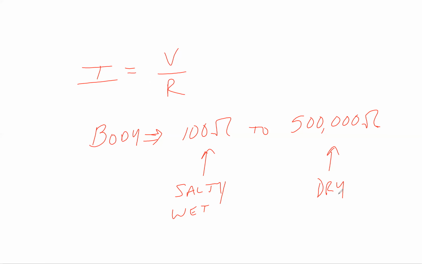So let's take a look at some values. If your current in amps is 0.001, you're going to barely feel that. If your current goes up to 0.005, now that's causing some pain.